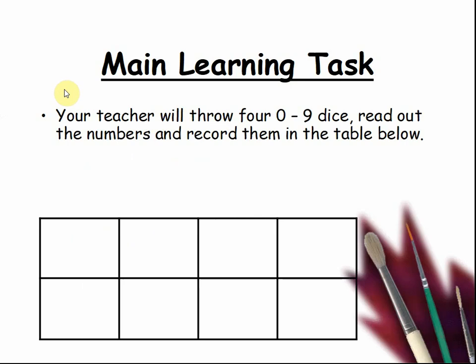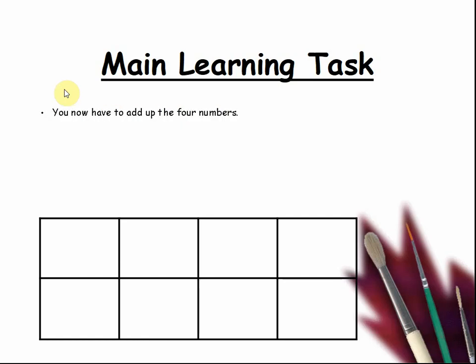Your teacher will throw 4 0 to 9 dice. Read out the numbers and record them in the table below. So pause the video while you play the game. You now have to add up the 4 numbers.